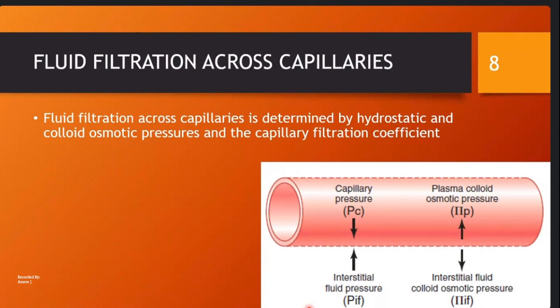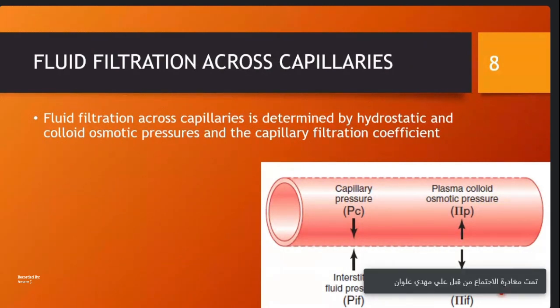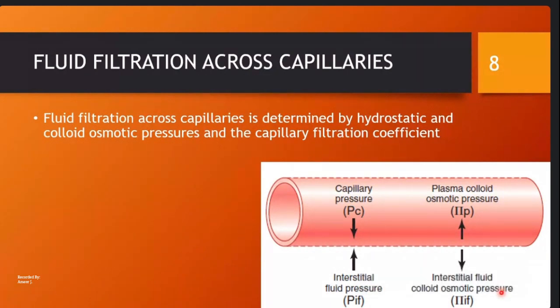But what about two other factors? One, interstitial fluid colloid osmotic pressure. It means that we have some protein in the interstitium, and this protein tends to absorb water from the capillaries bed, because these large molecules generate osmotic pressure, and osmotic pressure absorbs the water from the capillaries.